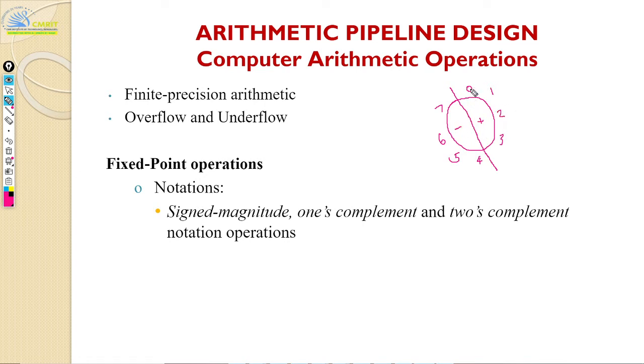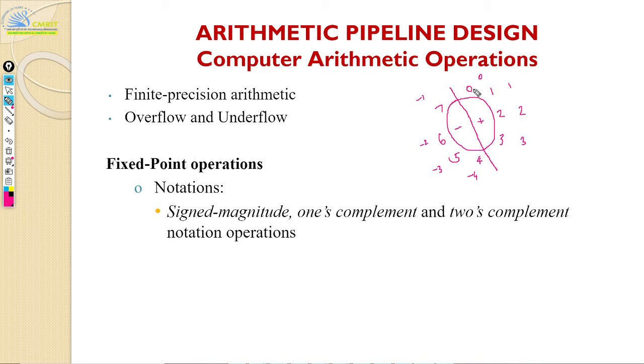So 0 represents 0, 1 represents 1, 2 represents 2, 3 represents 3. And then 7 represents minus 1, and this is minus 2, and this is minus 3, and we have one extra number, minus 4, because you count 0 as a positive number.